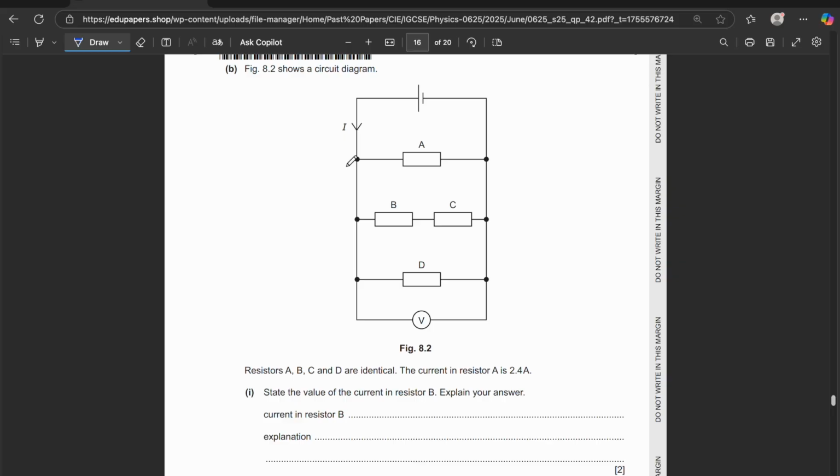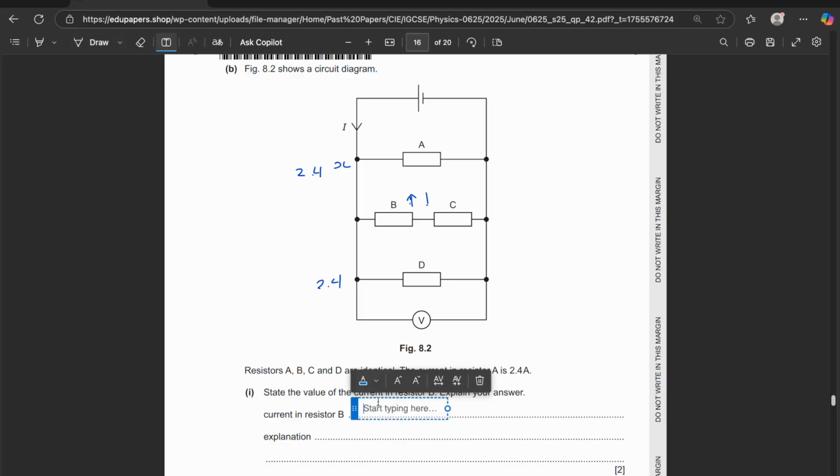So let's just say this gets X, which is 2.4. This will also get 2.4, but this is shared, which means the resistance will increase by like twice. So the current will also decrease by twice because they are inversely proportional to each other.